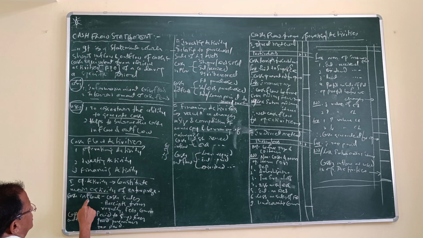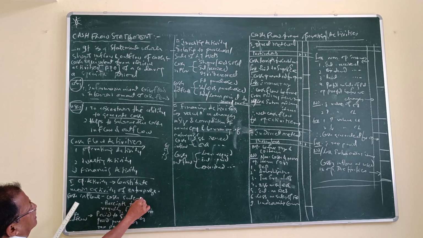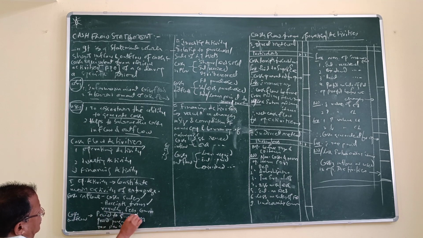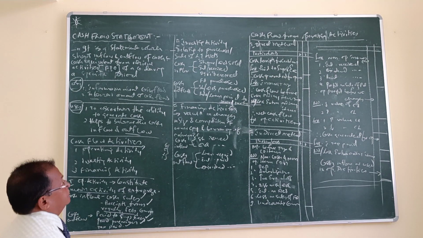In this case, cash inflows and cash outflows are as follows. Cash inflows are cash sales of goods, cash received from royalty, fees or commission. Cash outflows are as follows: cash paid to suppliers, cash paid to employees, paid insurance premium, paid income tax.